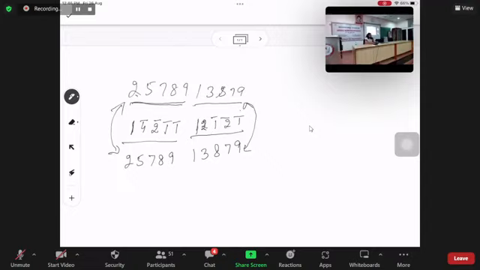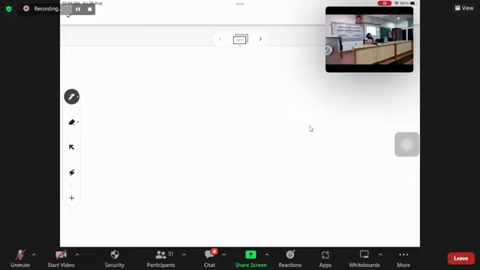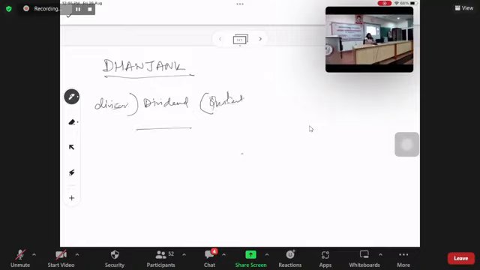Okay, so let us move to divisibility. The first method here is known as Dvajank. In normal division, you know that we have this type of pattern. Here we write the dividend, here the divisor, here the quotient, and then here we can have the remainder.